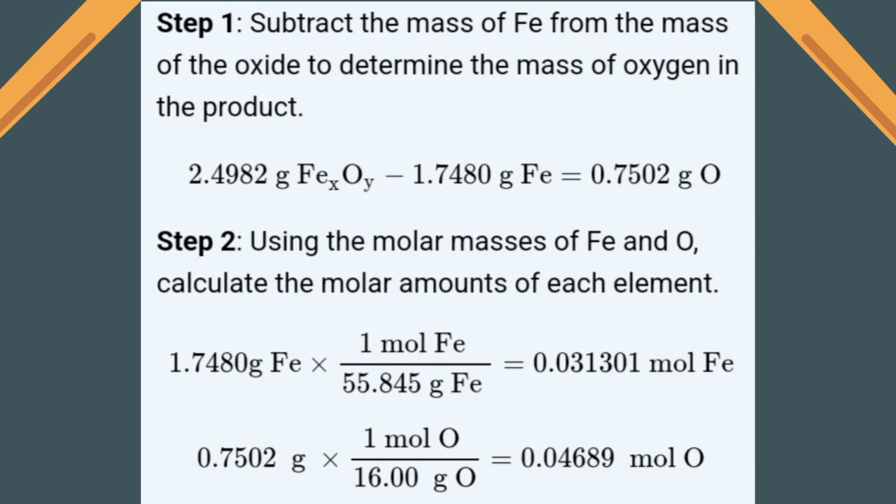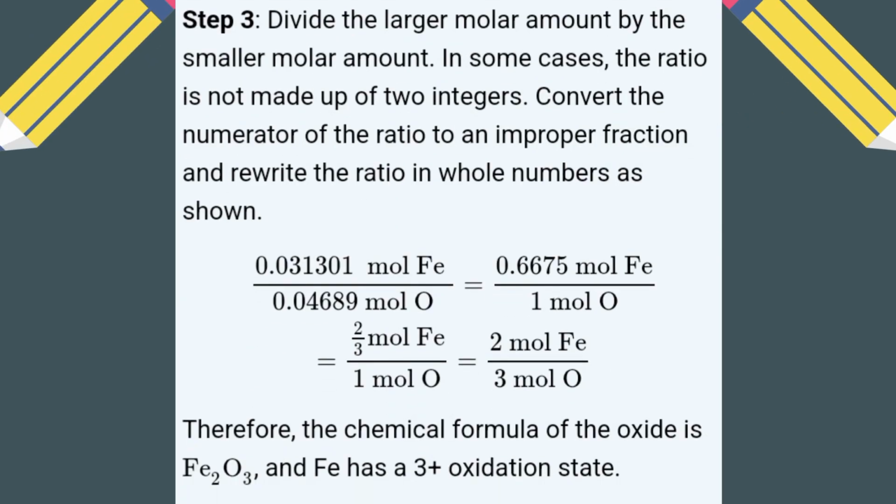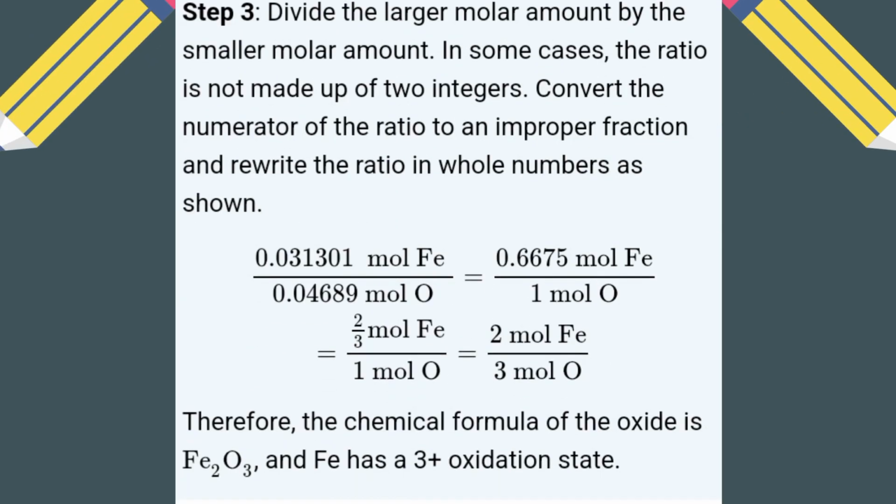And then for oxygen, the result of subtracting 2.4982 by 1.7480 is 0.7502 grams of oxygen. There are 16 grams of oxygen for every 1 mole of oxygen. So if we divide that, that will give us 0.04689 mole of oxygen.